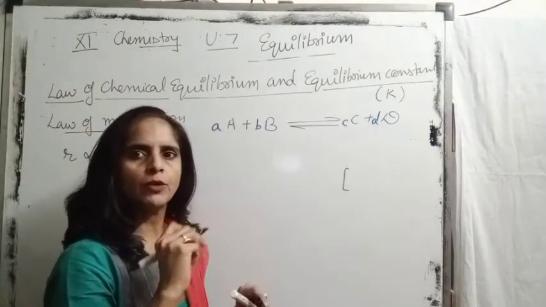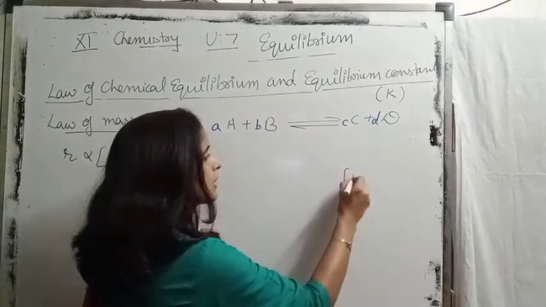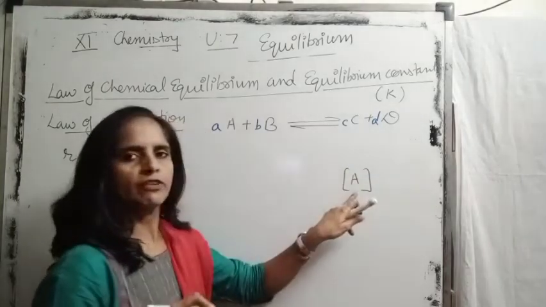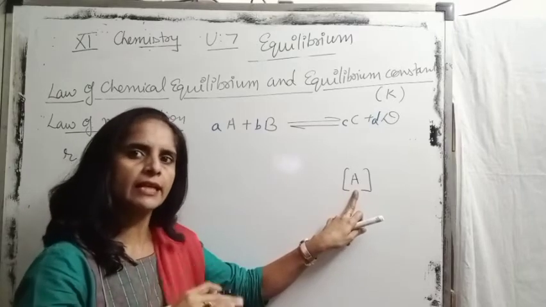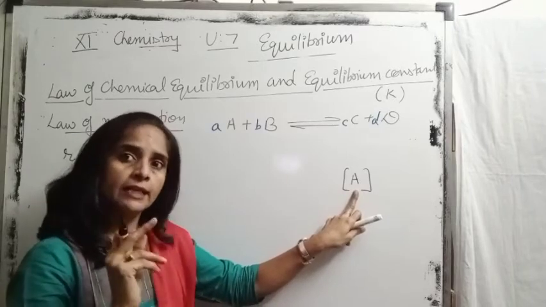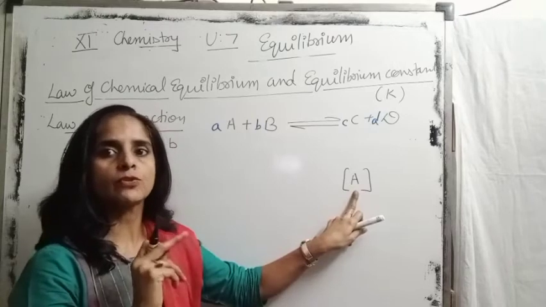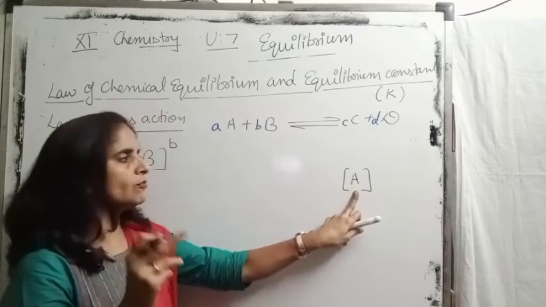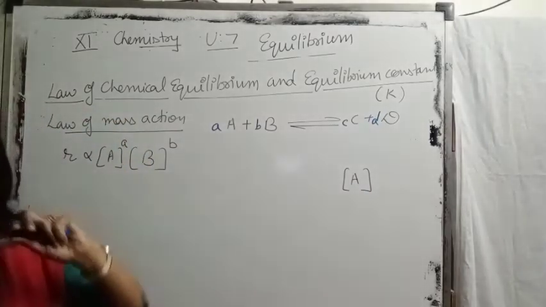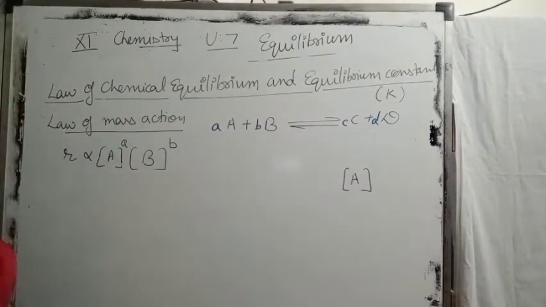Like if I want to write the molar concentration of A, I should write it in this way. This kind of representation is for molar concentration of whether reactant or product. Earlier, this molar concentration was also termed as active mass, but now this term is replaced by molar concentration.